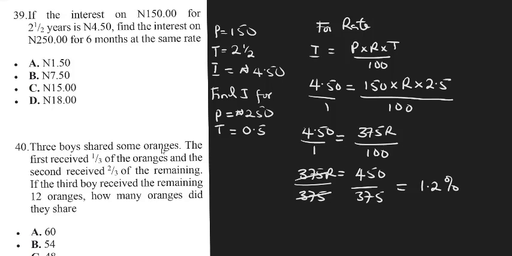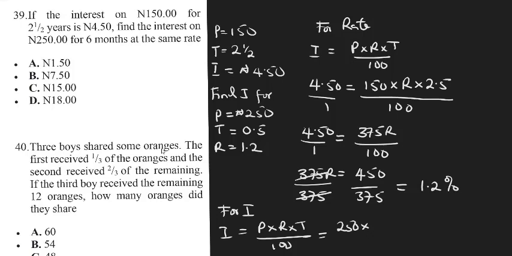It's now time for us to calculate the I. We say find I here. The rate here is going to be 1.2. So for I, I is equal to P times R times T over 100. Our P is now 250 naira. So 250 times R, which is 1.2, times T, the time now is 0.5, over 100.